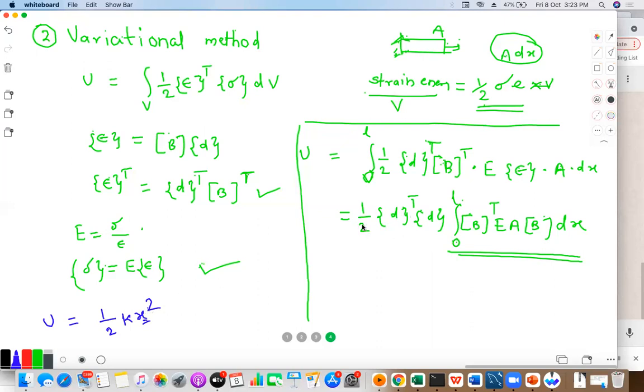I have 1/2. Now, this remaining term must be k. Now, I have k is equal to, equating this analogy, 0 to L, B transpose E A B dx.